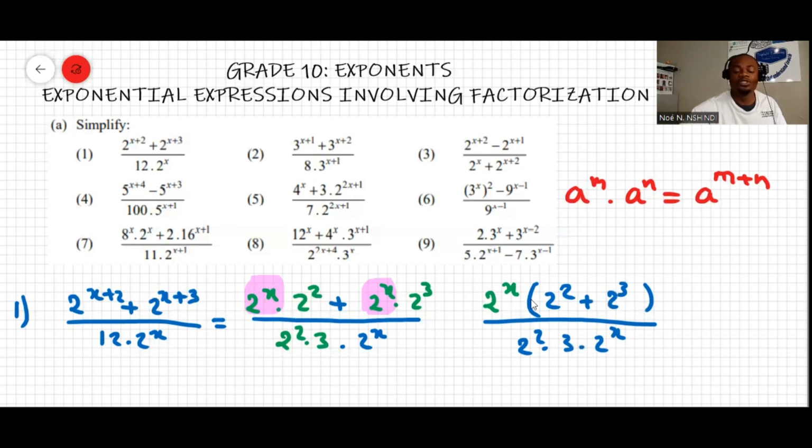Now notice that we have one term at the numerator, because it's a product: 2 to the power of x times what is in the bracket. This makes a term. Now we can simplify 2 to the x here with the 2 to the x there.